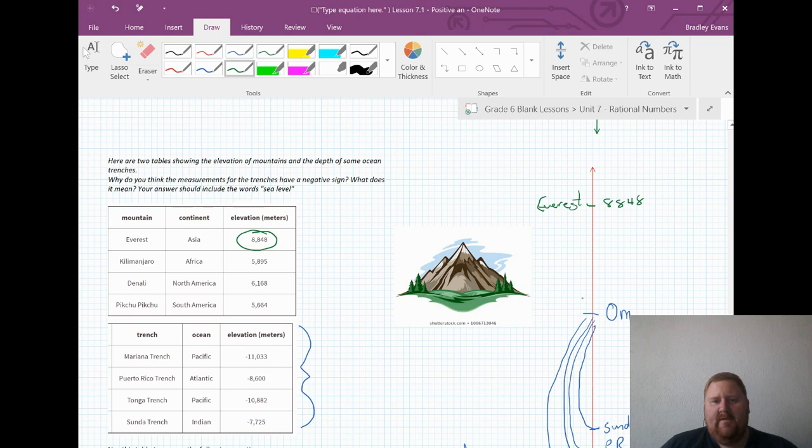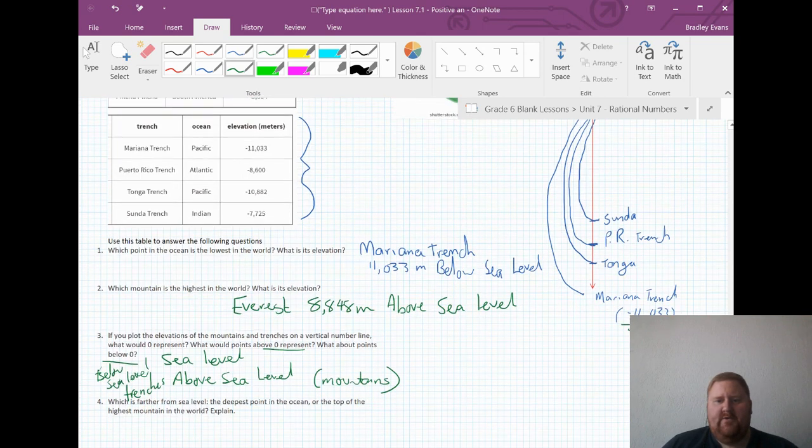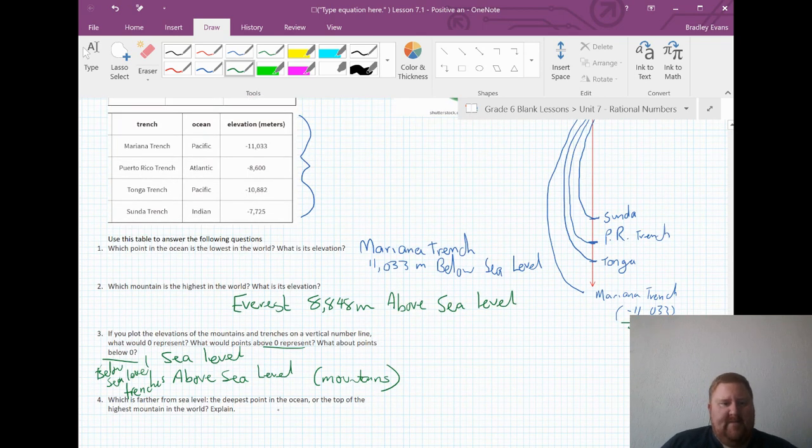So which one is further away from 0? Well, the trench. The deepest point in the ocean is furthest from sea level.